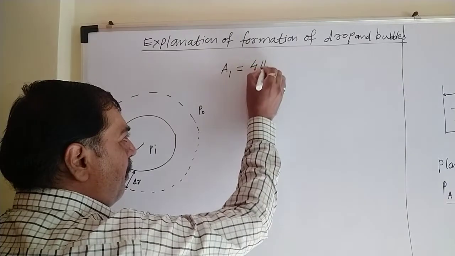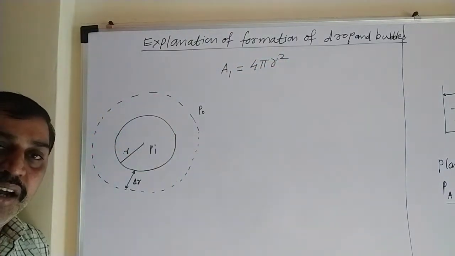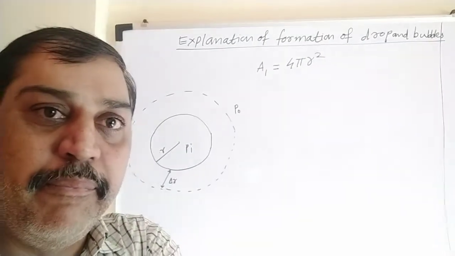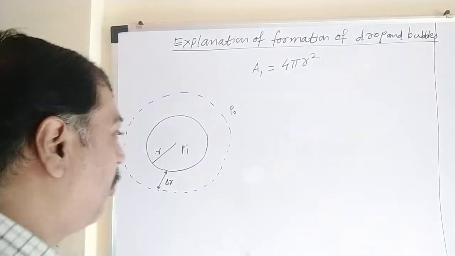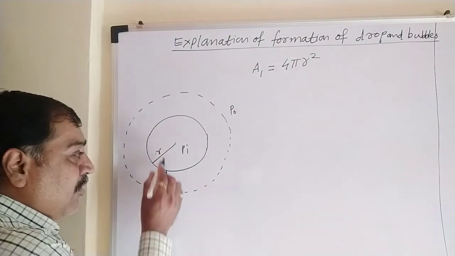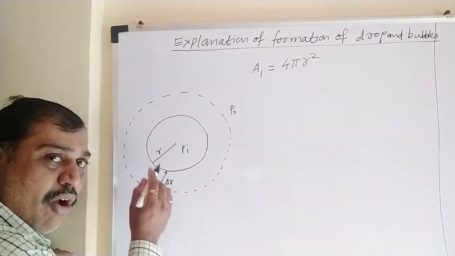So the area of the bubble whose radius is r is 4 pi r square. Now try to blow some air into the drop so that its dimension increases, so its radius changes by delta r. The radius changes by a small delta r.